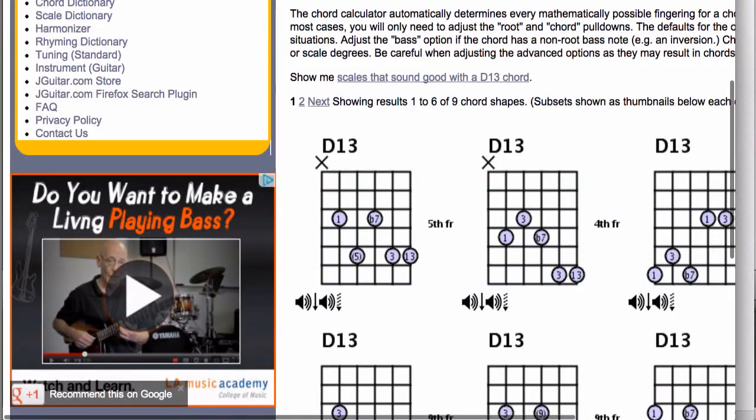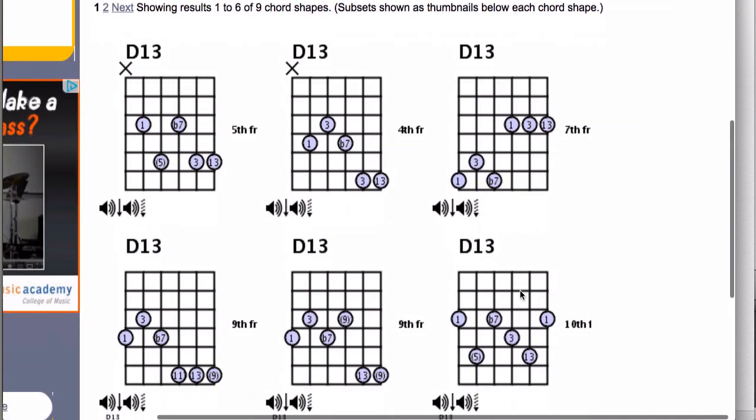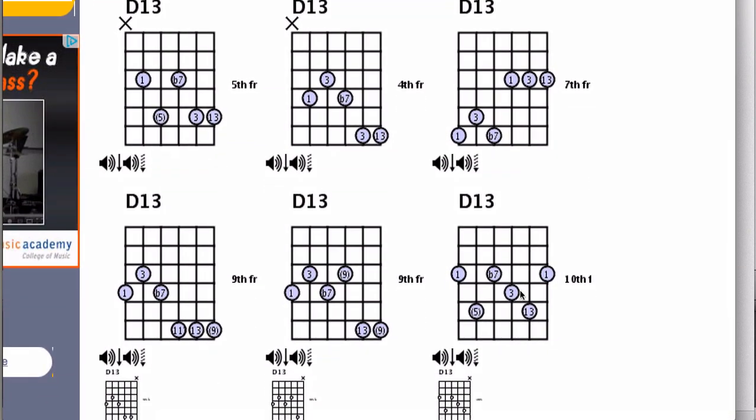What it does is it generates all these chords right here. The one we were doing isn't really possible to play on guitar. That's what's kind of interesting about it. You could do it on piano, without doing the open string. But anyways, here are some cool shapes.